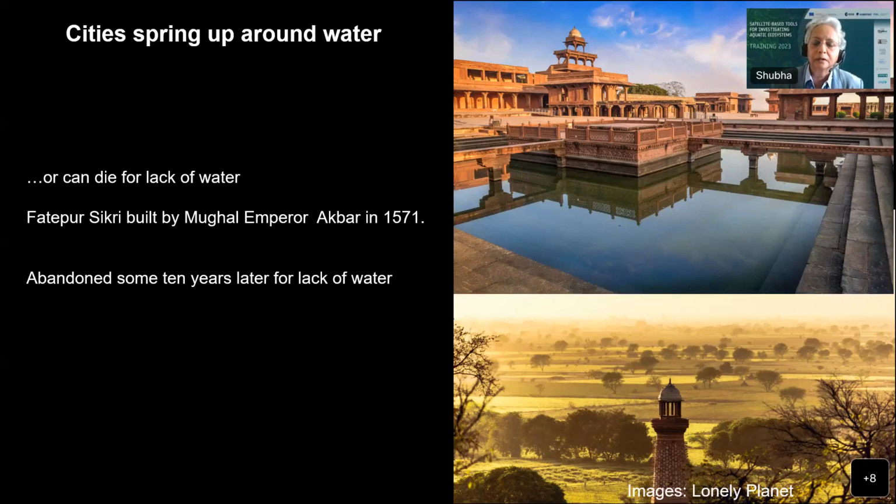A classic example of how water dictates our entire life is this city called Fatehpur Sikri that was built by the Mughal Emperor Akbar in 1571. When they designed it, they paid a lot of attention to water. They had artificial lakes and water channels and drainage channels.